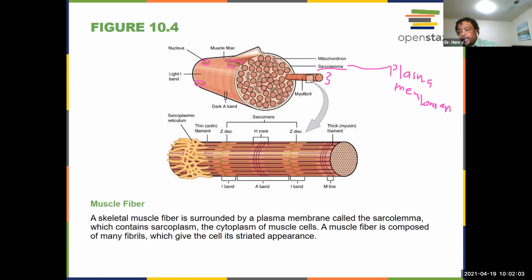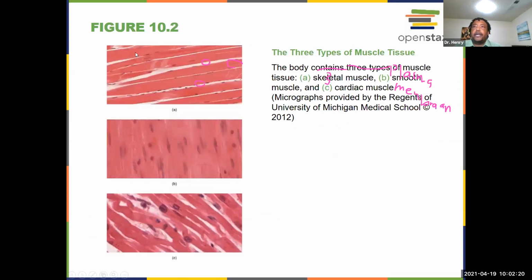We know that this is going to be striated in appearance, right? Because you're going to have your nuclei on the edges, and then that striped pattern in the middle.